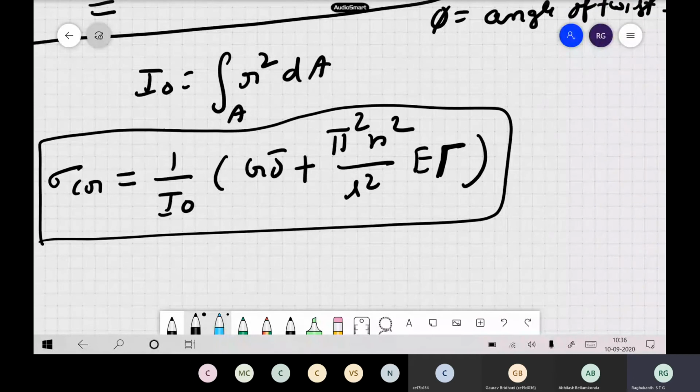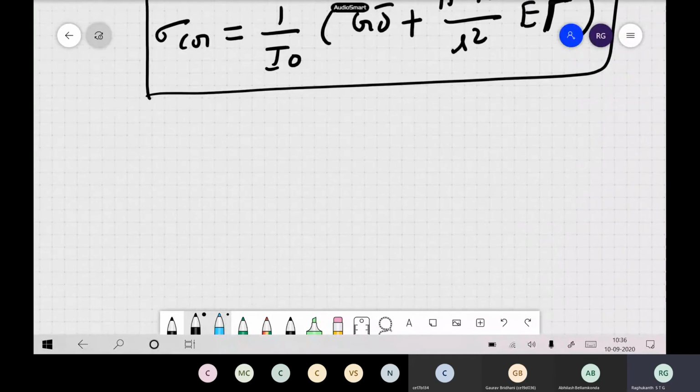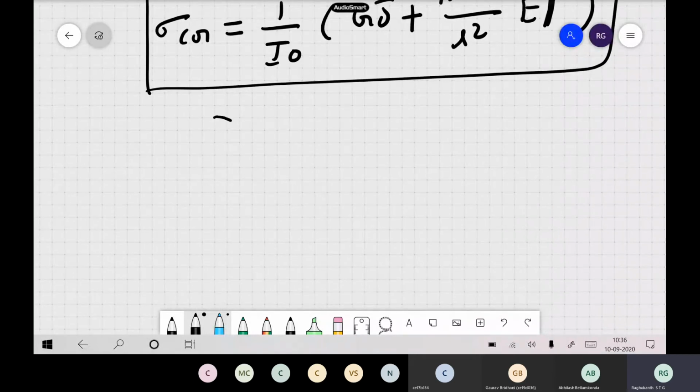In a similar fashion you can find out for a variety of cross sections. Suppose you have a C type of section and you want to find out the buckling load. This also you can solve using our calculus of variations, but you should know the membrane analogy and other theories. I don't know how many of you know.